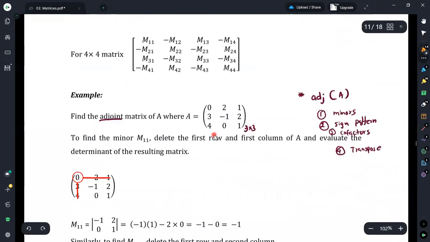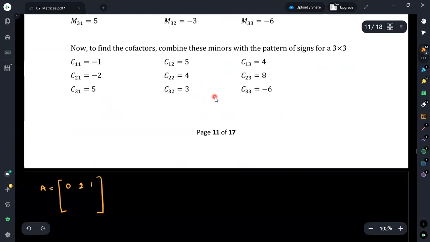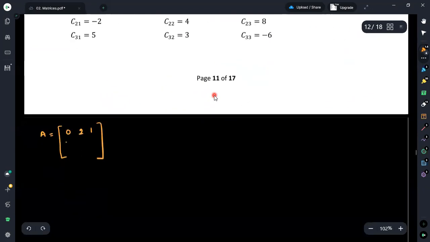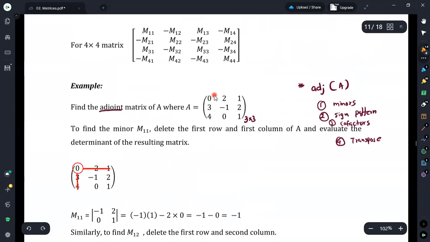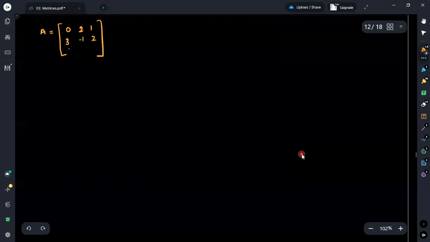The second row is given as 3, minus 1 and 2. And the third row is given as 4, 0 and 1. Now what we are asked to do is obtain the adjoint of this matrix.